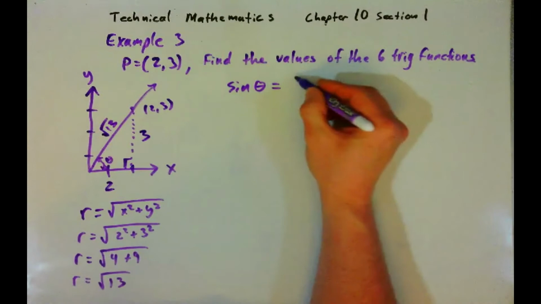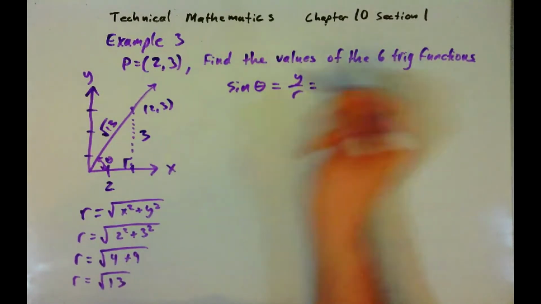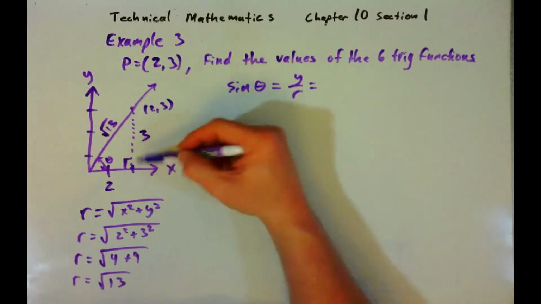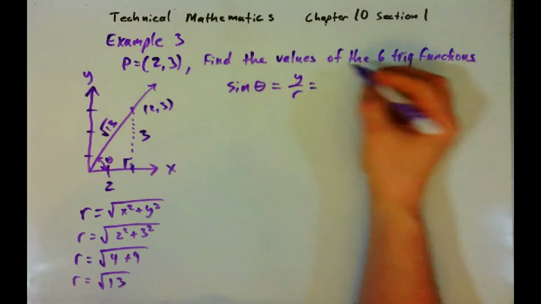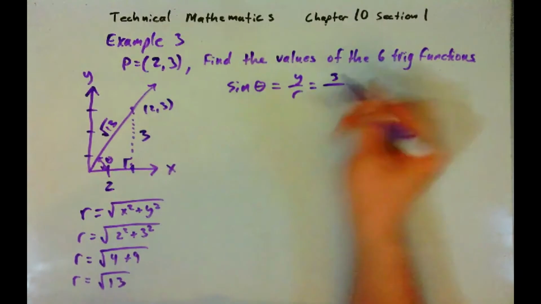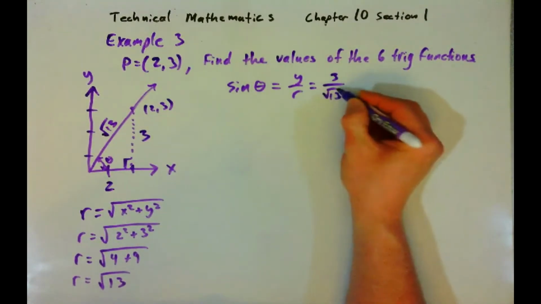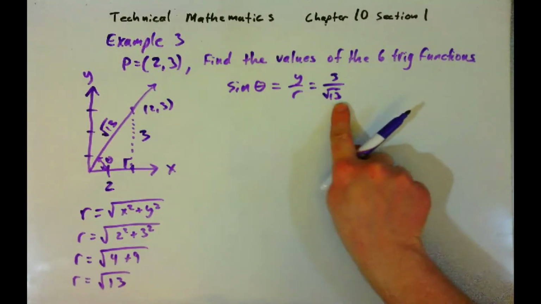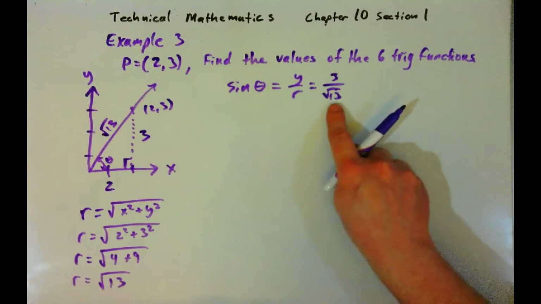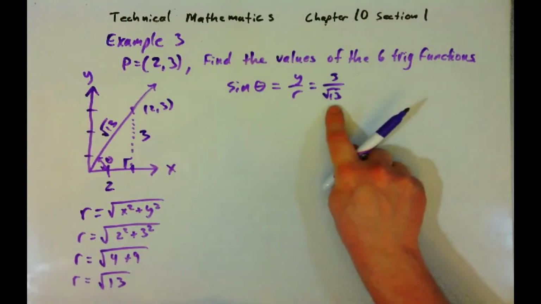The sine of the angle is always going to be y over r. The y value is 3, right? That's the length of the opposite side of the angle. The hypotenuse is radical 13. Now, because radical 13 is represented by a decimal that is never ending and never repeats, we want to try not to have any radicals in the denominator.